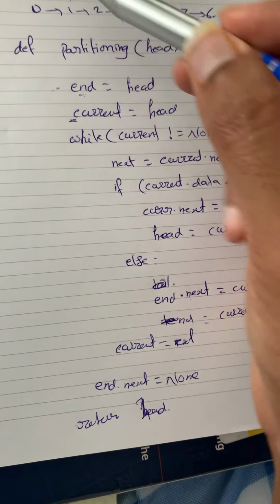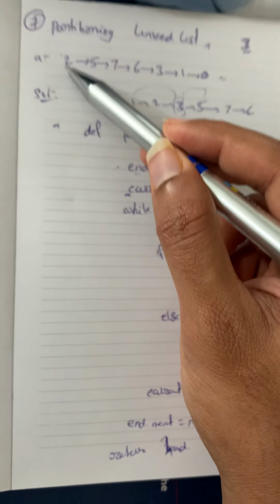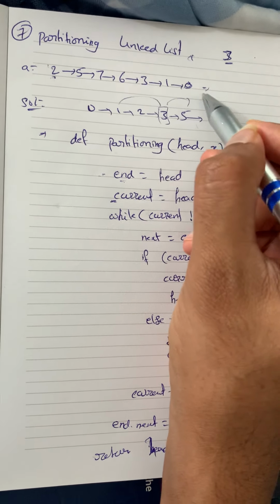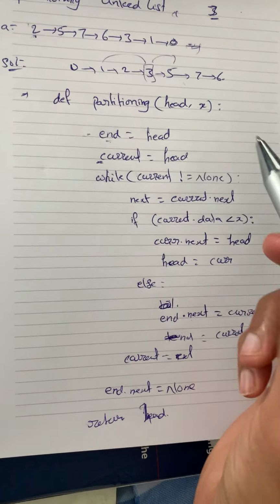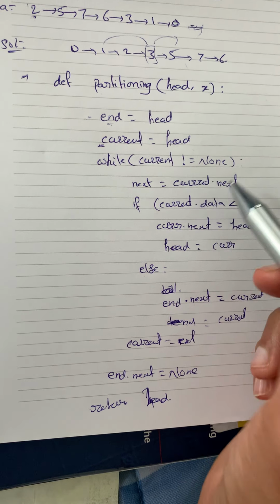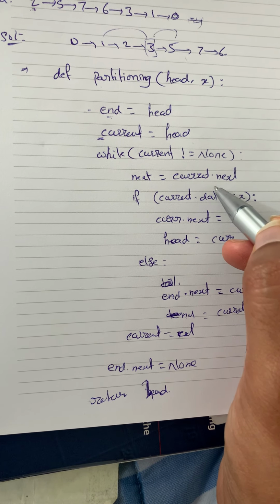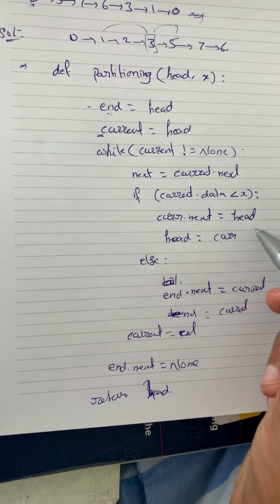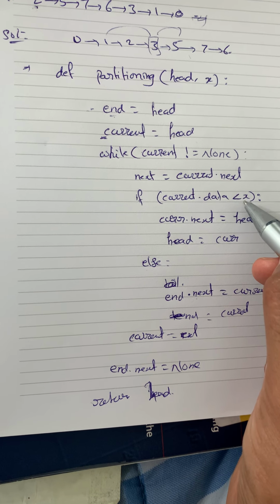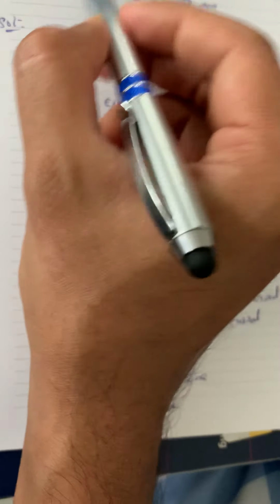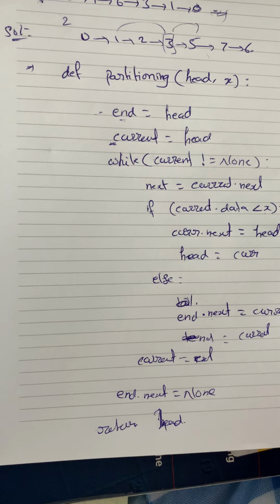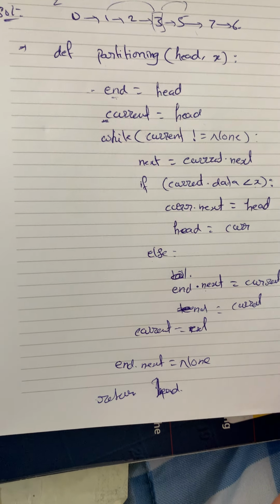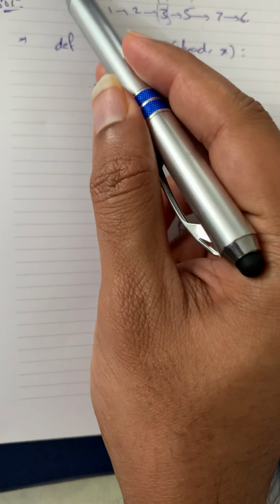If you take this as an example, it will go through this linked list, and it will go through this loop first because it is less than 3. So it's going to be the first element in the list, and then it goes to the second element.